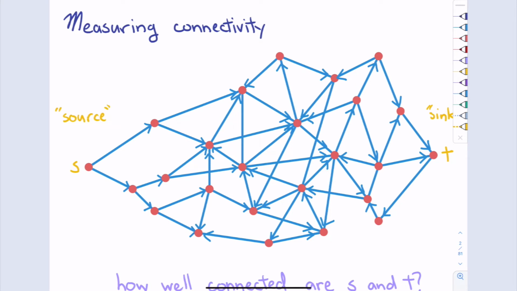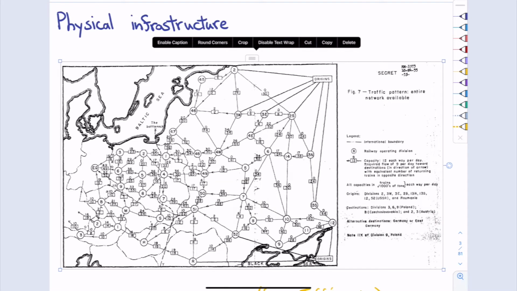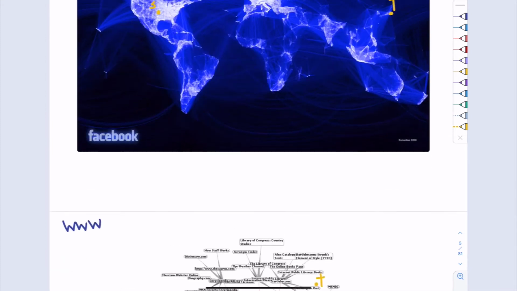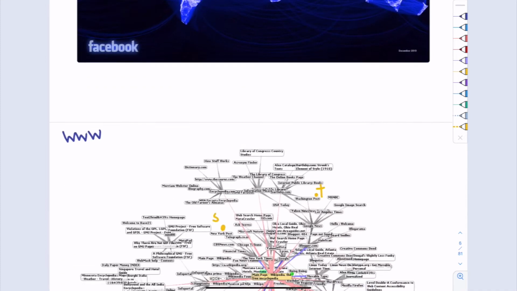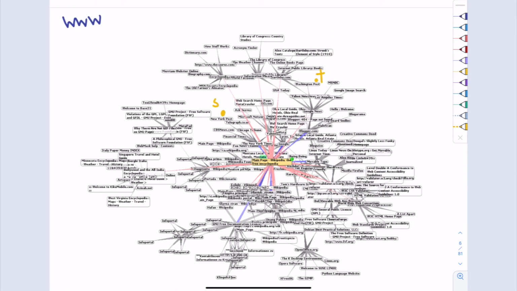Originally we're just interested in this question about understanding how well connected two vertices were in the network. The applications I gave included infrastructure, CPUs, analyzing social networks, analyzing the World Wide Web. These are all natural, important networks that we want to analyze.